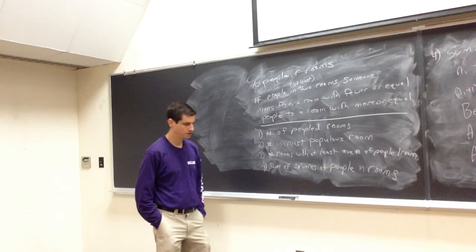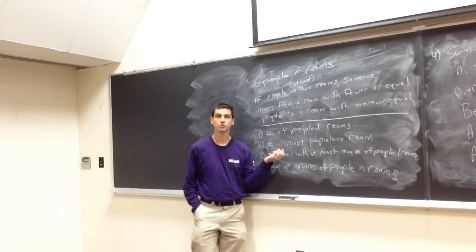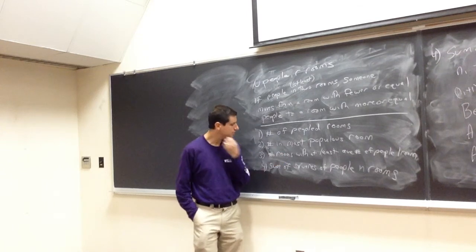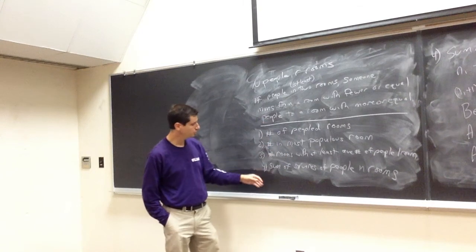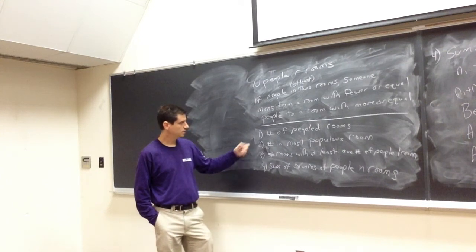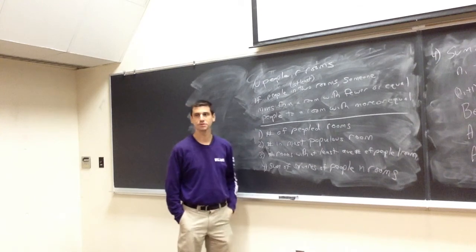In some sense, because are you going to eventually be arguing that some rooms will become empty? Yeah. Okay. If you're going to go along those lines, I think you might be able to make 3 work, but it's going to take a lot more work to make 3 work. So I think of all the approaches, I think 4 is the easiest. I think 2 might be the second easiest. The number of peopled rooms.